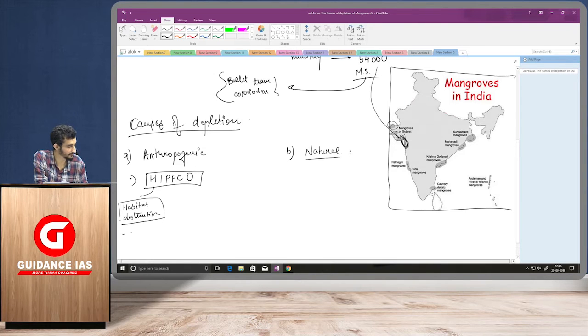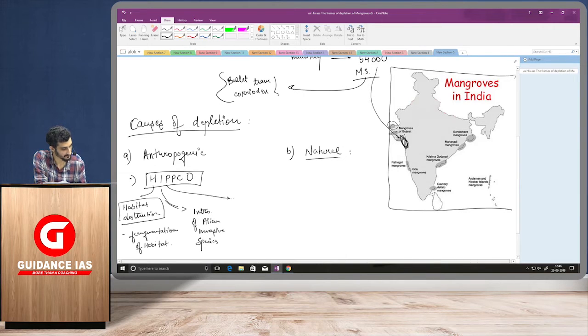Habitat destruction, which includes fragmentation of habitat. Then we have introduction of alien invasive species.